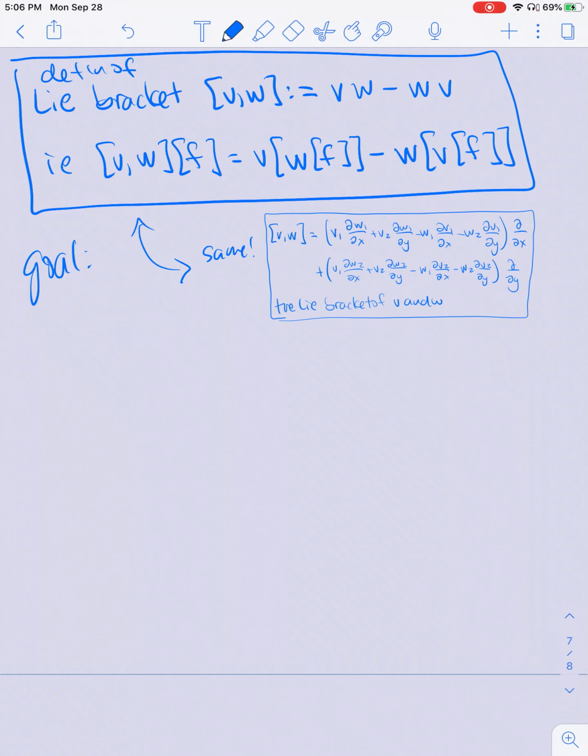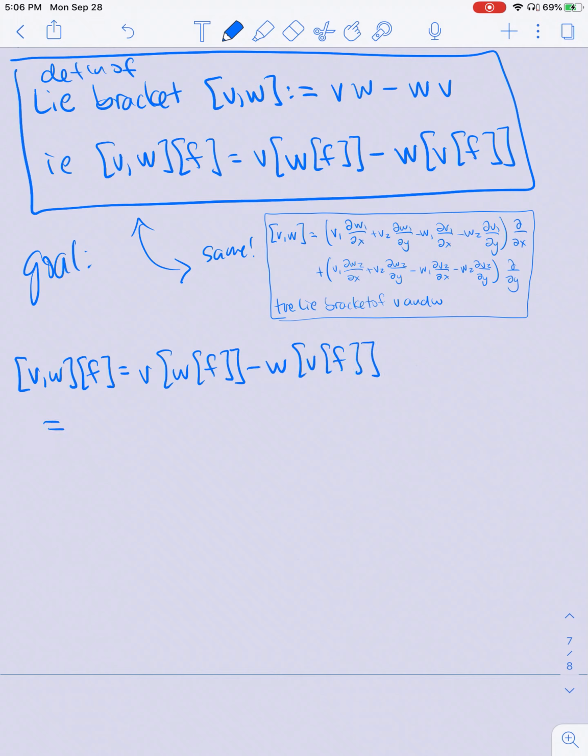So let's do this. So the way that we're going to do this is compute how it acts on functions. So if I have a function, the Lie bracket of V and W applied to a function is equal to V applied to W applied to a function minus W applied to V applied to a function. So then that's just the definition.